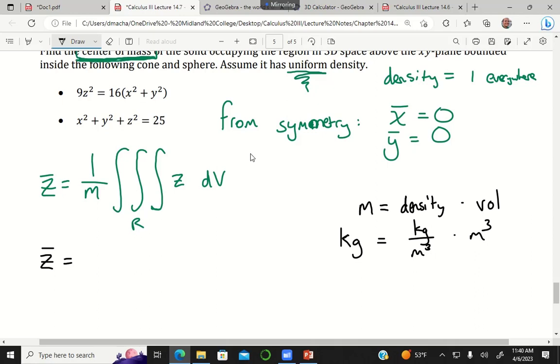If the density is not uniform, then you've got to include it in your integral. But for us, mass is equal to density times volume. So mass is equal to 1 times my volume, and I just found my volume in the previous question. It was 50/3 pi, right? Okay, so I can make that 3 over 50 pi to make it look nicer.